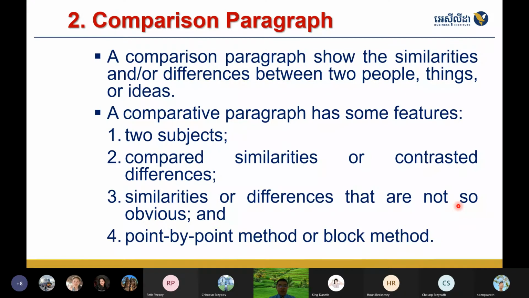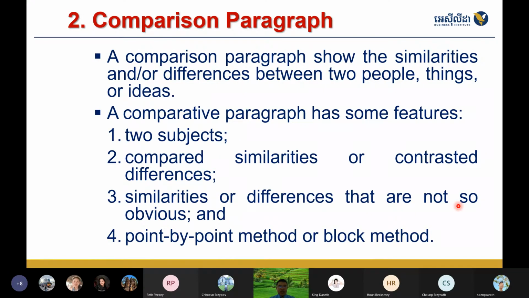This is what we call a comparison paragraph, and it has some features. The first one, two subjects. If you want to compare people, things, and ideas, you have to compare two subjects. Which one is similar and which one is different? You have to show it. And number 2, you have to compare similarity or the contrasted differences.